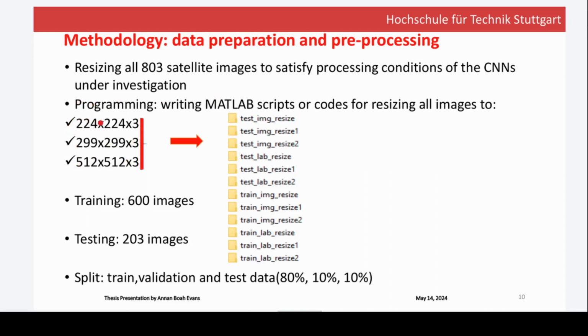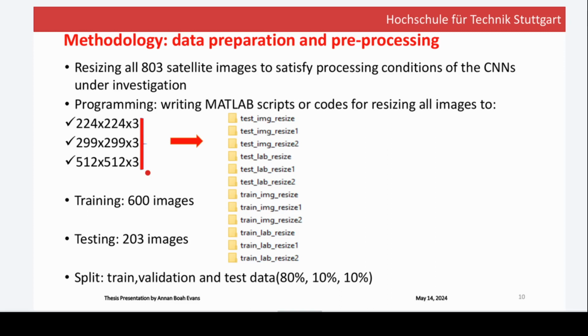The 224 by 224 by 3 is RGB. The 3 here stands for the channels of the image because it is multispectral. This input, 224, I use for ResNet, residual neural network. That is the image input it can take. 299 is for SageNet, and 512 by 512 is taken by UNet in this case.